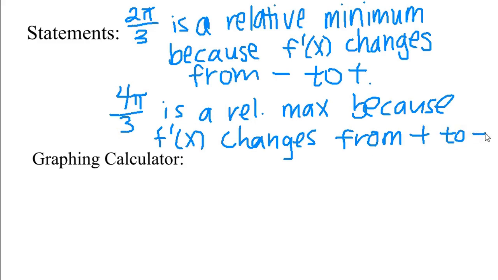I would encourage you to type this original f of x into your graphing calculator and actually see if the max and mins happen at these values. So use your values to see if that works. All right. And then we can also go over using the graphing calculator on Thursday.